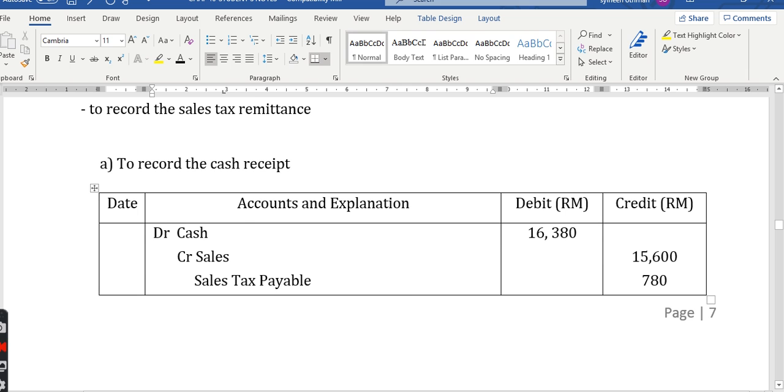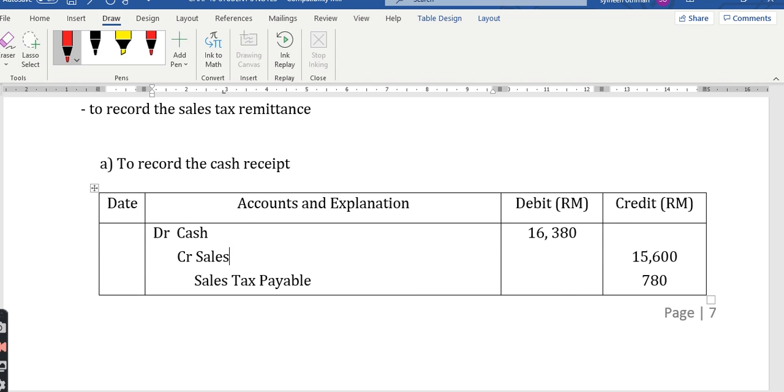The amount is 16,380. As I mentioned earlier, this is inclusive of tax, 5%. So your sales is actually 15,600. So how do I get the amount for that?